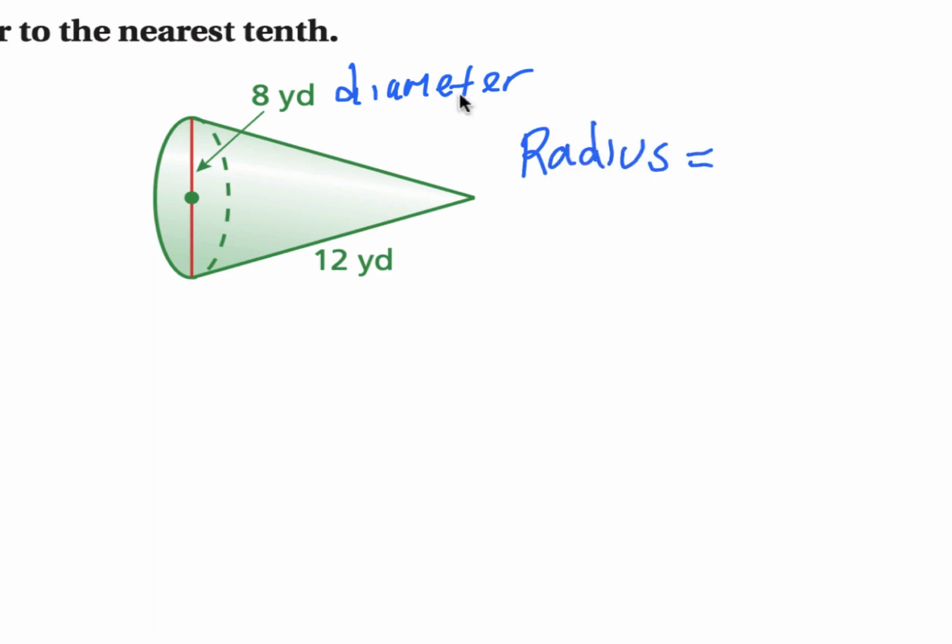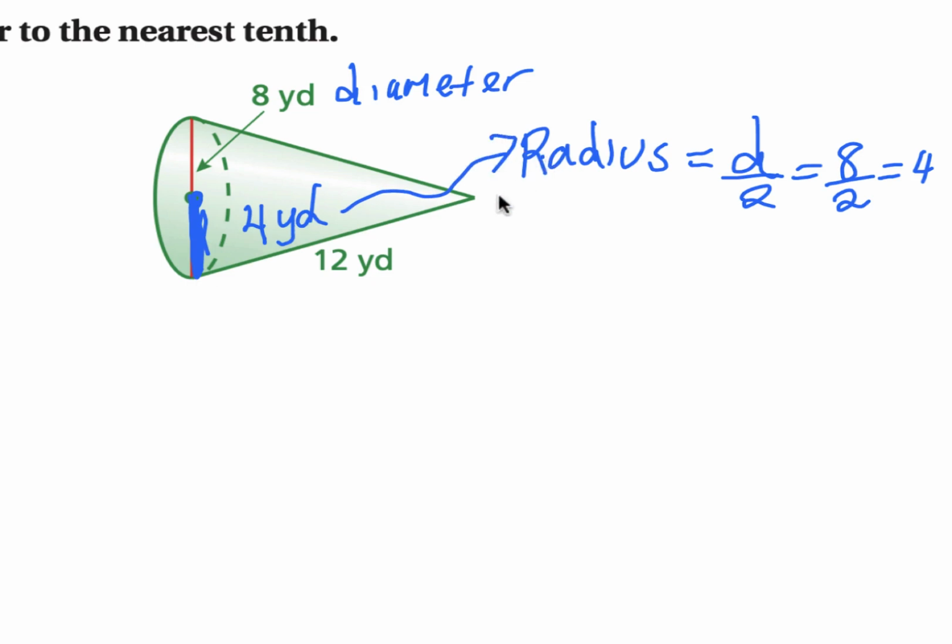The radius is half of the diameter, so 8 divided by 2 is 4. If we go from the center to the outskirts right here, that would be 4 yards, and that is your radius. Our formula is SA equals pi r s plus pi r squared.